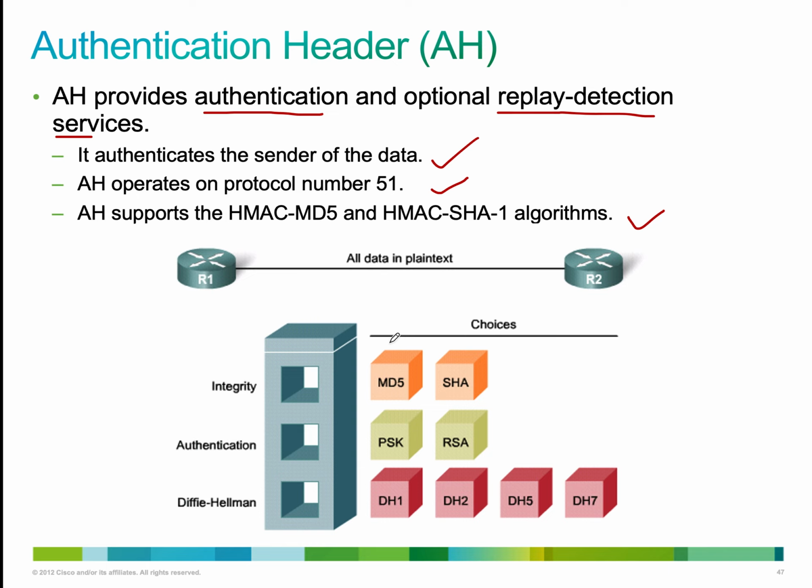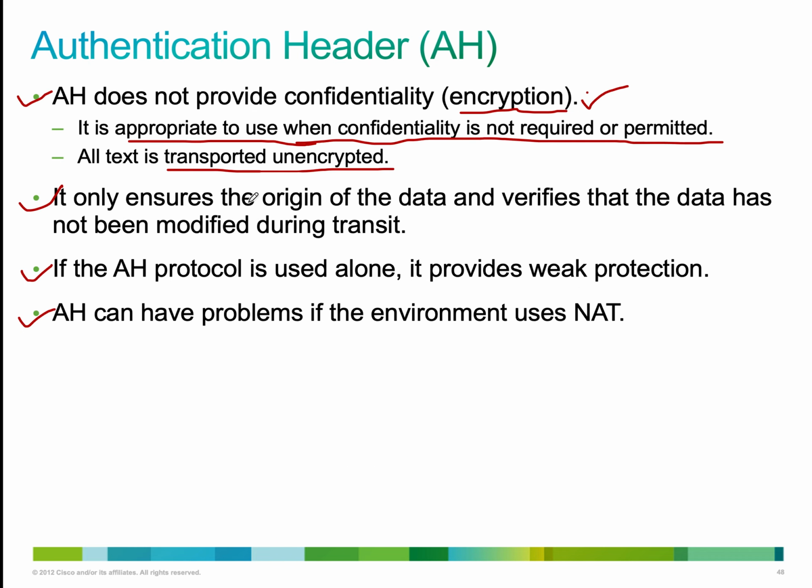And how does it do this? It authenticates the sender of the data. AH operates on protocol number 51, and ESP operates on protocol number 50. AH supports the HMAC-MD5 and HMAC-SHA-1 algorithms.